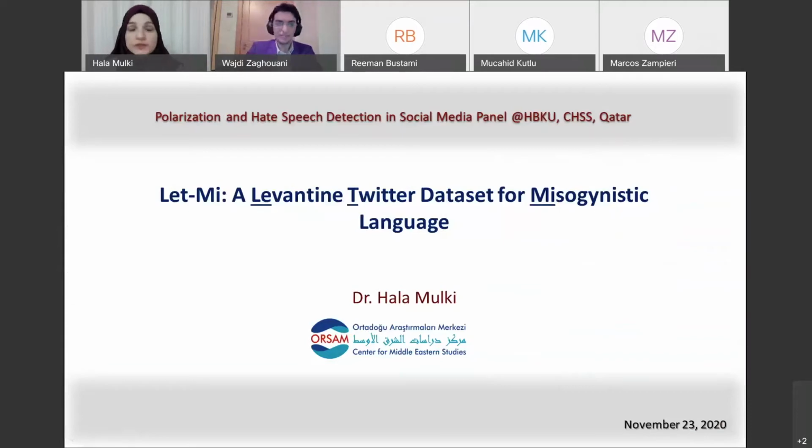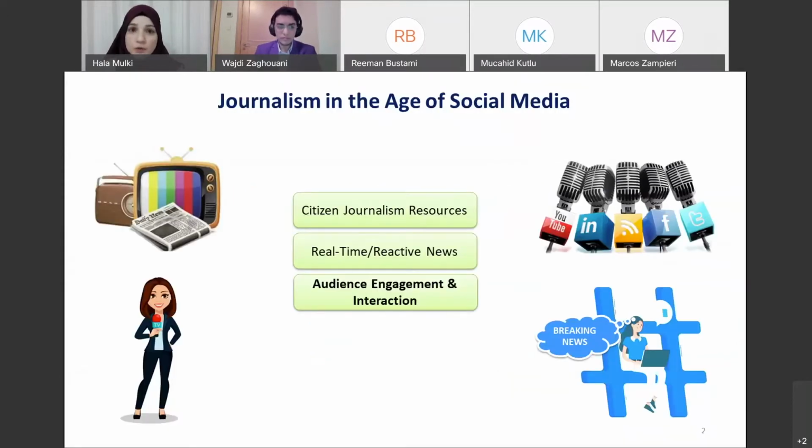Today, I'm going to be introducing LeCo, a benchmark dataset, the first Arabic and Levantine Twitter dataset for misogynistic language used against journalists. Actually, we all know that social media has made a sea change in the journalism industry.